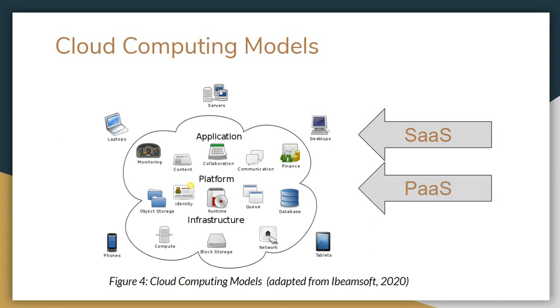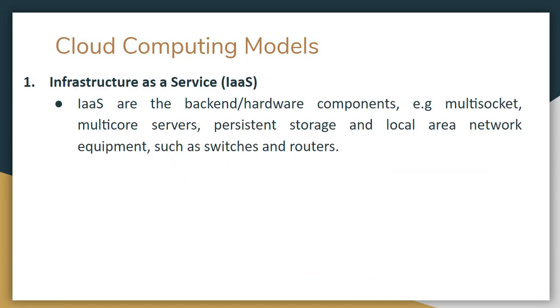Number two, we have platform as a service, which we call PaaS, providing platforms. And then lastly, we have infrastructure as a service. Shortly, we're going to be looking briefly at what these models represent and what they do with regards to cloud usage.